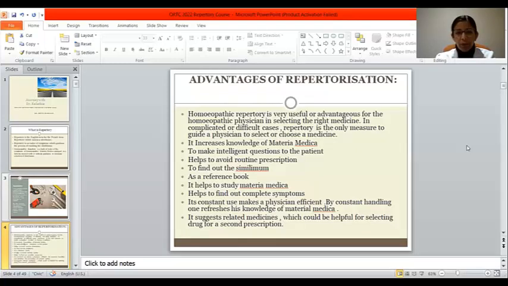It helps to find out complete symptoms, and it is also helpful for selecting a drug based on a second prescription. So say, for example, the first prescription didn't work, then what do we do? Then we go back to a repertorization chart, and we can make a choice for the second prescription.